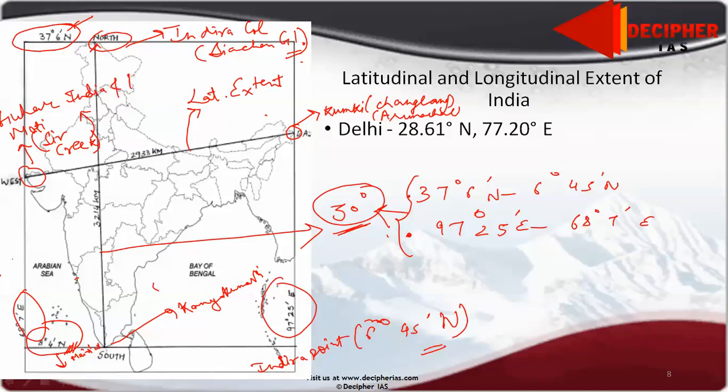If you don't know about it, please Google it. And one more thing: the latitude and longitude of Delhi is, latitude 28.61 degrees north, and longitude 77 degrees 20 minutes east. Now you should remember 1 degree is equal to 60 minutes and 1 minute is equal to 60 seconds.